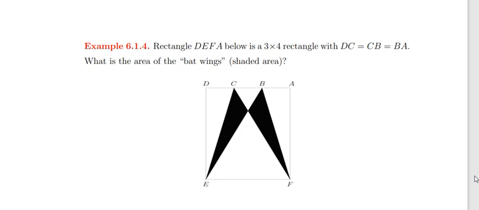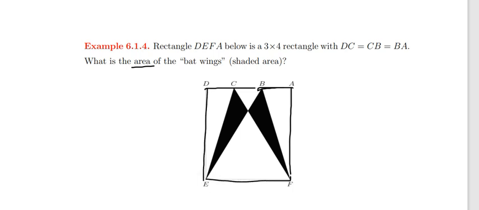So now let's consider the problem. We want to find the area for this. Here it says there's a 3 multiply 4 rectangle. This side is 3, and this is 4. Okay, so we want to find the area for this bat wings.